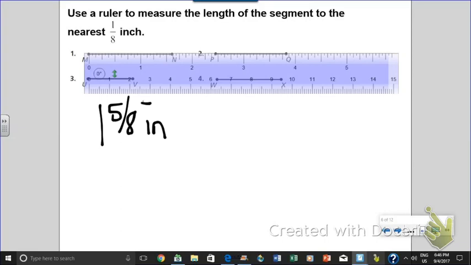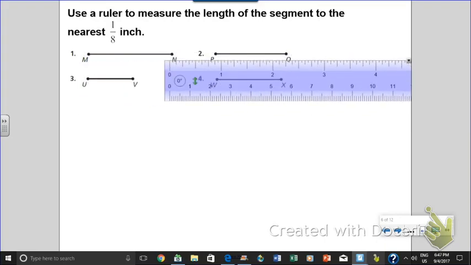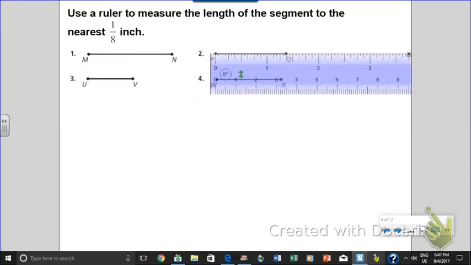Our second one, if we line it up, we can see from this one, for example, in number 2, that we have 1 inch and another 1/4 inch, which is 2/8 plus another 1/8, so 3/8.